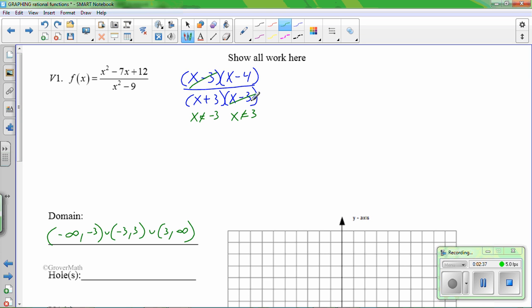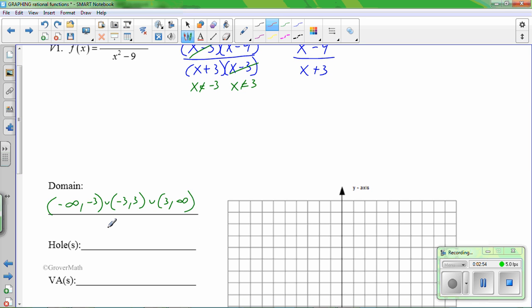Okay, but now I do see that these do cross out. These x minus 3 terms cross out, and that leaves us with a final expression of x minus 4 over x plus 3. The fact that x minus 3 crossed out gives us a hole at 3.